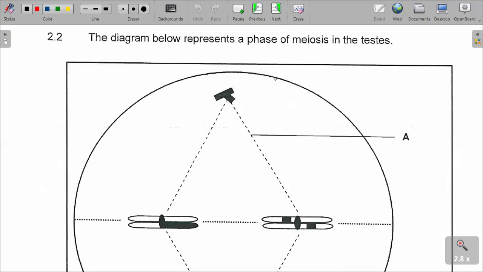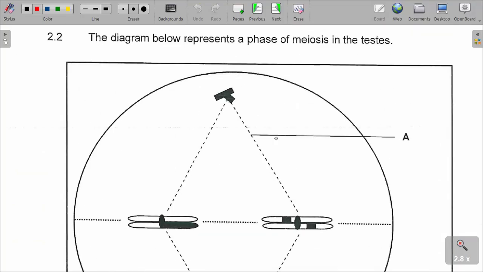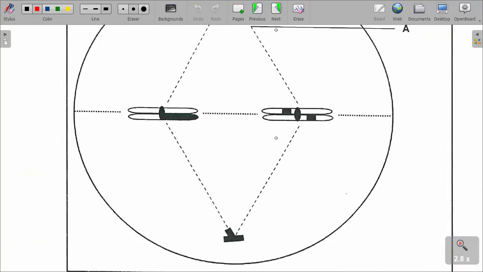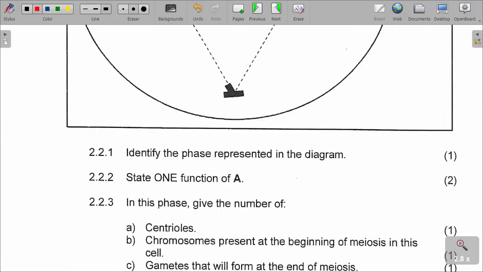The stage of meiosis we are given is in the testes, so this is in males. This is spermatogenesis that is taking place here. So what is the question saying?